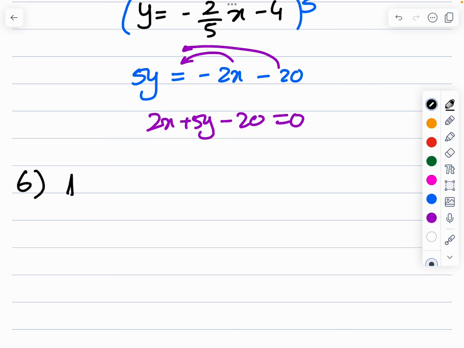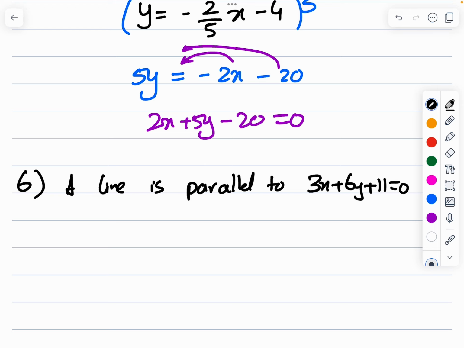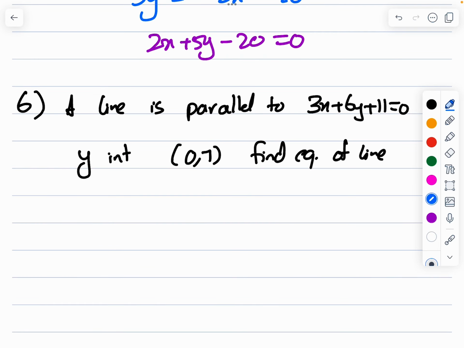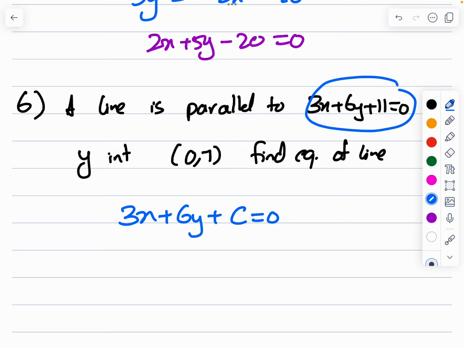Question number 6. A line is parallel to 3x plus 6y plus 11 equals 0, and y-intercept is (0, 7). Find the equation of the line. Now when it is parallel to 3x plus 6y plus 11, the parallel equation will be 3x plus 6y plus c equals 0.